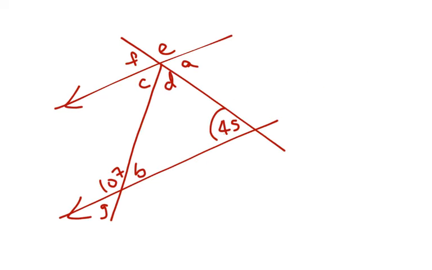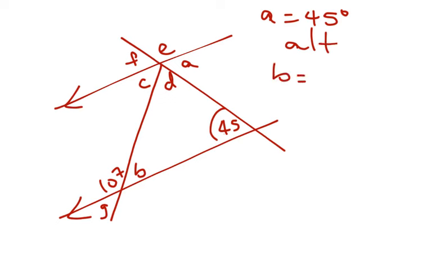Looking at a more complex problem now, we have some parallel lines and quite a fair few angles to find. I'm going to try to get through them as quickly as possible, and I'll keep it in alphabetical order if that helps some people recognize what's going on. So let's go. A is going to be equal to 45 degrees because it is alternate to that 45 degrees.